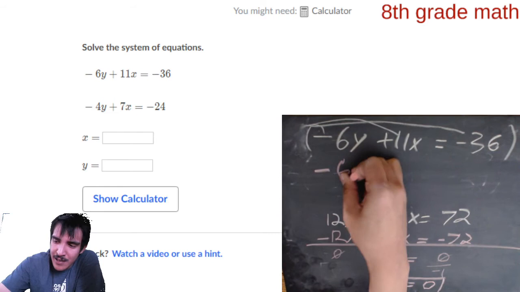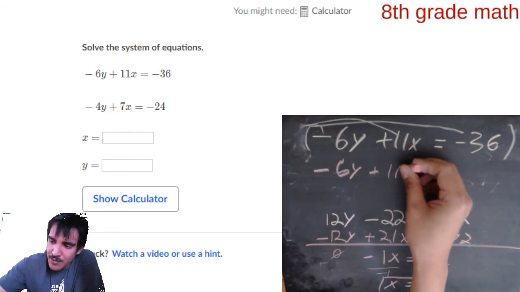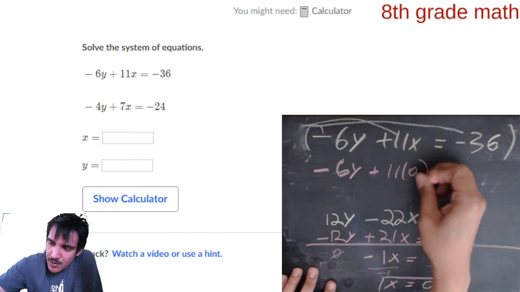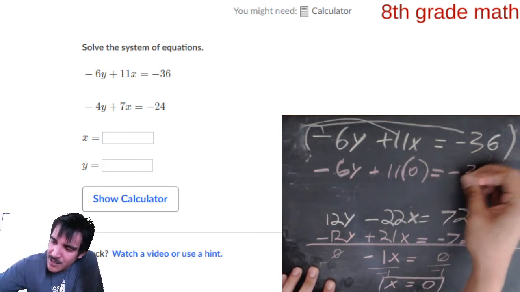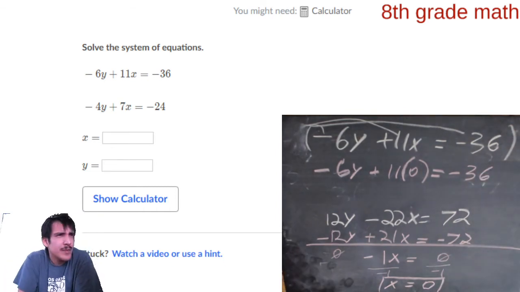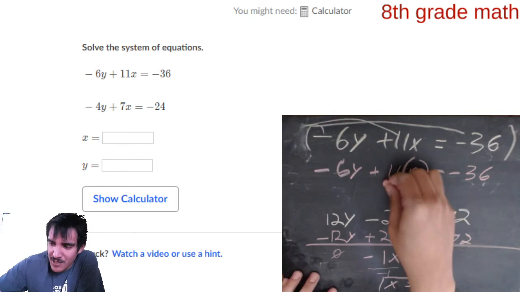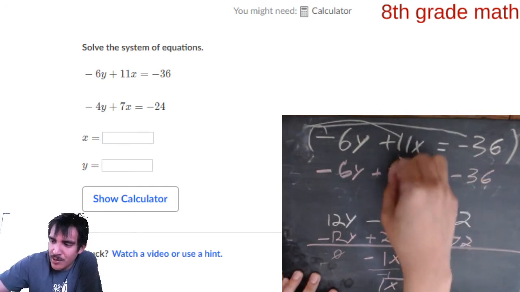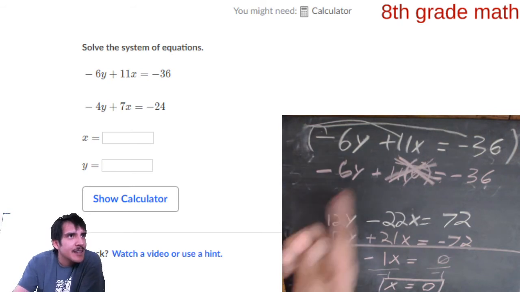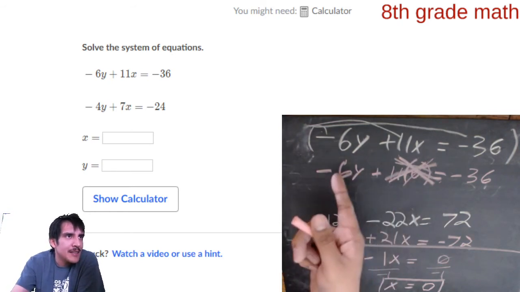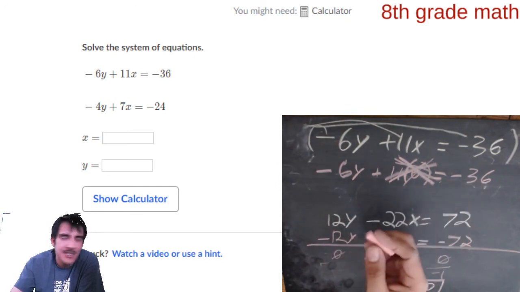Negative 6y plus 11 times 0 equals negative 36. Let's see how this works out. Well, 11 times 0, that just equals 0. So anytime something equals 0, you can just cross it out like it doesn't even exist. Now you're left with negative 6y equals negative 36.